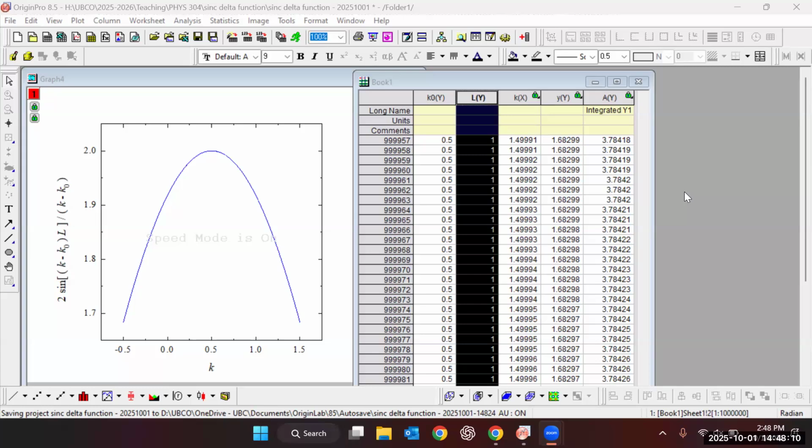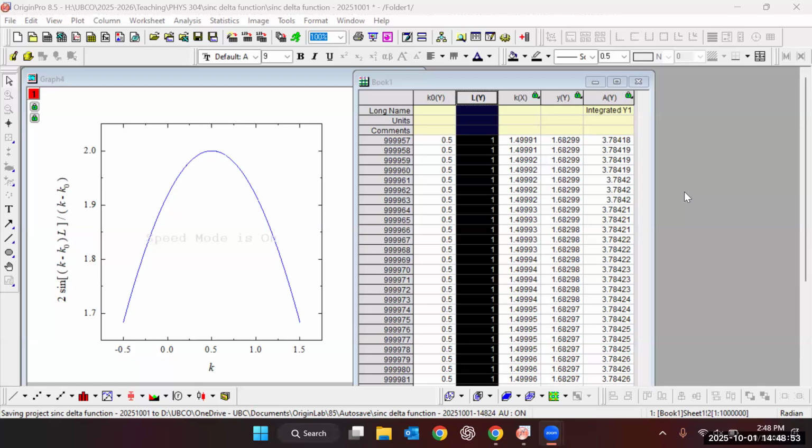I chose that range just because it puts our k naught in the center of the screen. If we think that this function is going to give us a delta function, then it should peak at k naught, and it should be a very narrow, very sharp peak. Okay, and then this column that's labeled y, that is exactly 2 times sine of (k minus k naught)L divided by (k minus k naught). It's the thing that we want to be equal to 2 pi times the delta function. The last column is the integral of the function.